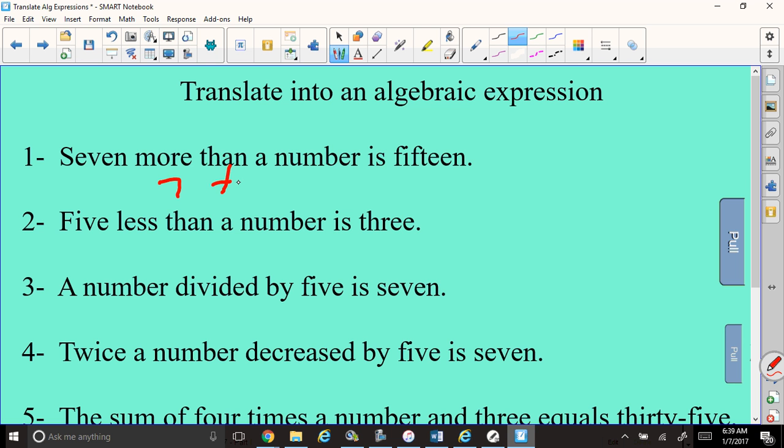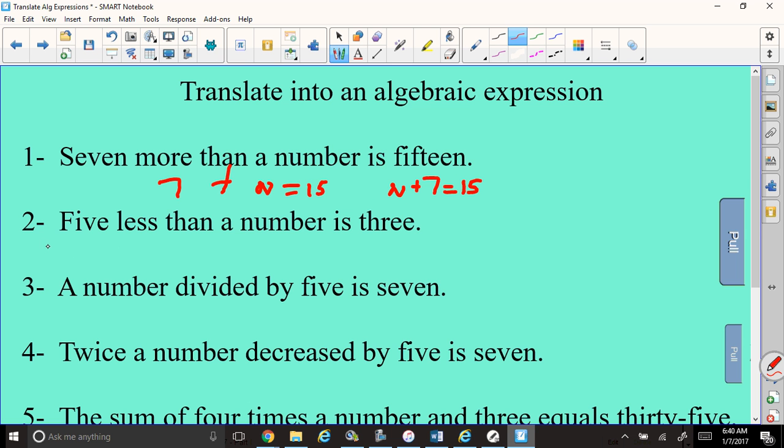So 7 more than a number, call that n, is another way of saying equal to 15. And I could write that as n plus 7, because addition is reversible or commutative, equals 15.